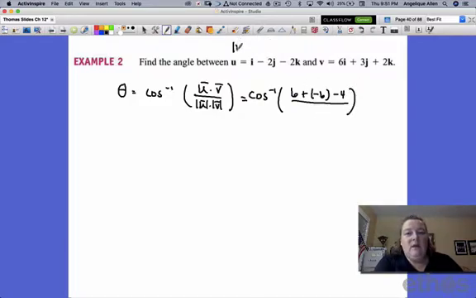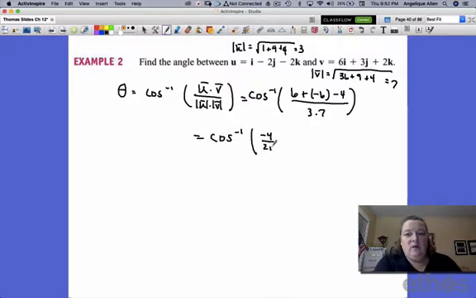So magnitude of U is going to be the square root of 1 squared plus -2 quantity squared plus -2 quantity squared. Square root of 9 is 3. And the magnitude of V is going to be the square root of 36 plus 9 plus 4. So 45, 49. The square root of 49 is going to be 7. So we're going to have 3 times 7 on the bottom here. And then we just need to clean it up.